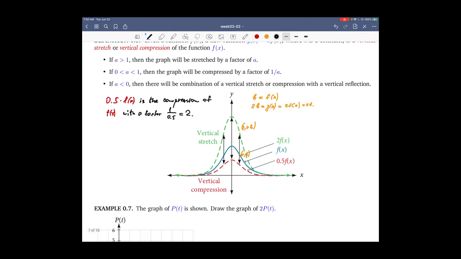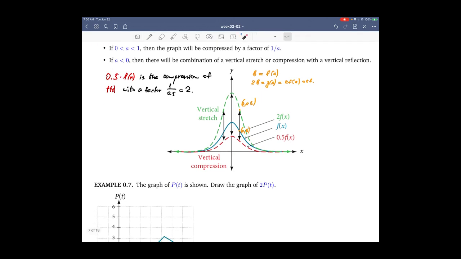And for instance, if you were to put negative 2 in front of f, that would be same as first stretching by a factor of 2, and then vertically reflecting about the x-axis.